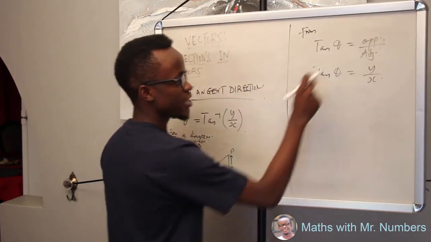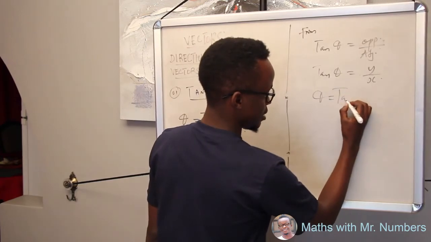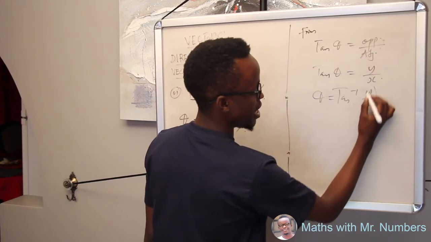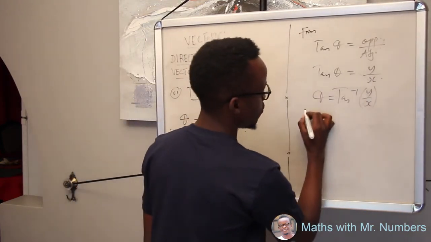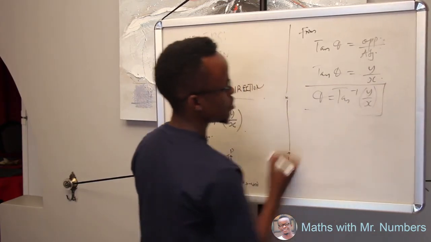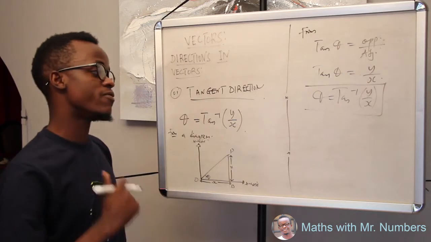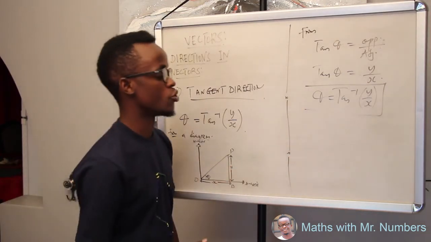Therefore, the value of theta equals tan inverse of y divided by x. To find the tangent direction of vectors, you have to find the value of y and the value of x, then divide, then find the tan inverse of that ratio.